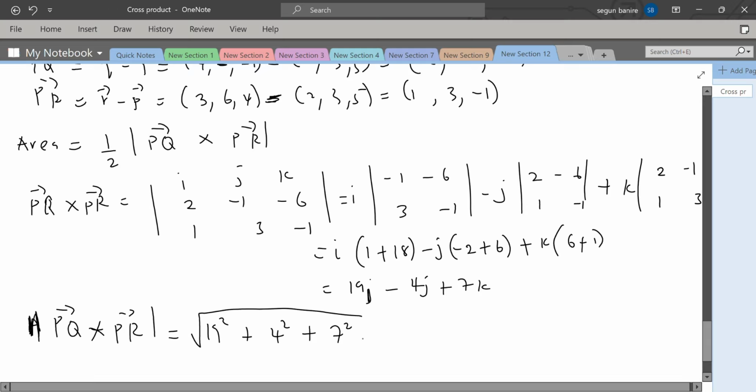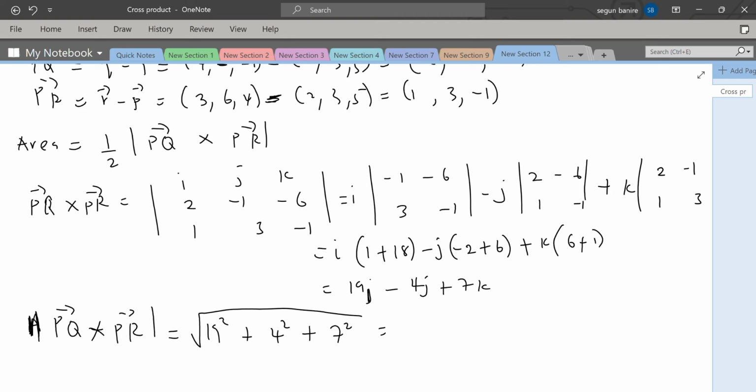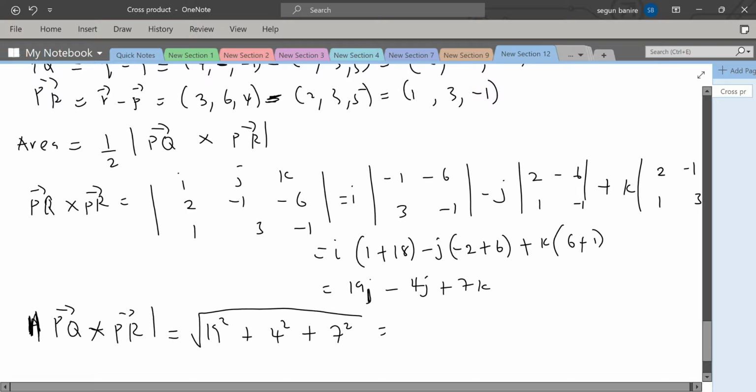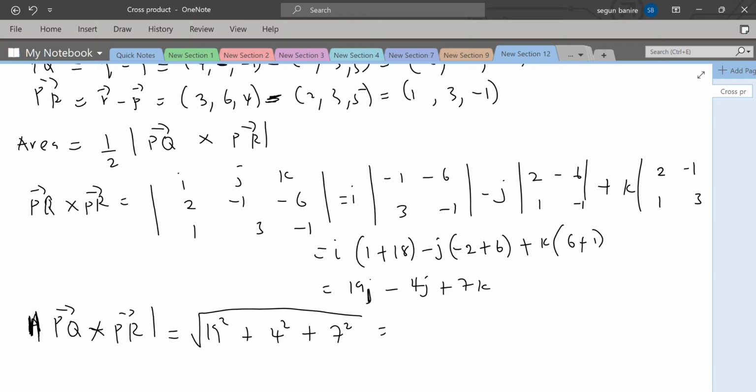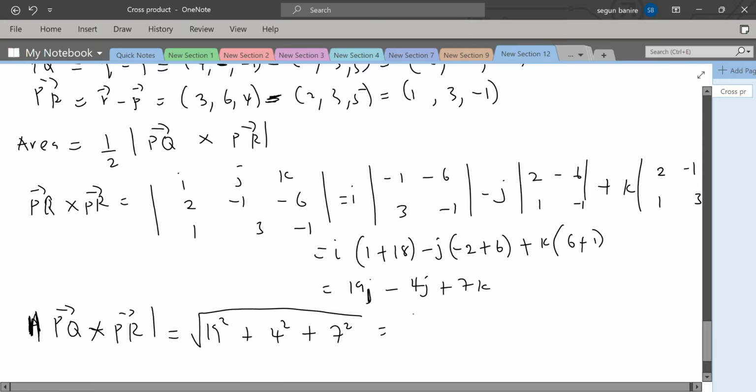What would this give us? 19 squared is 361, plus 16 plus 49.